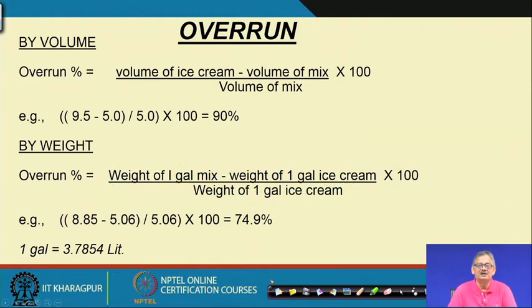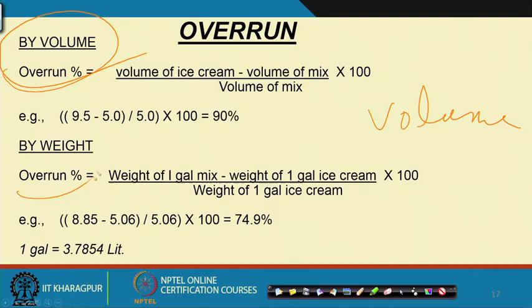Generally, commercially, percent overrun in terms of volume is very popular, because you are not selling ice cream by weight. You go to the parlor or any ice cream shop where ice cream is available and ask for a 50 ml cup or 100 ml cup, or maybe 1 liter or 4 liters, a gallon.